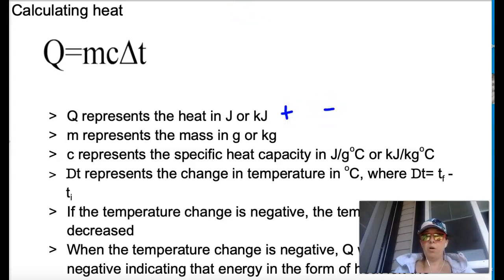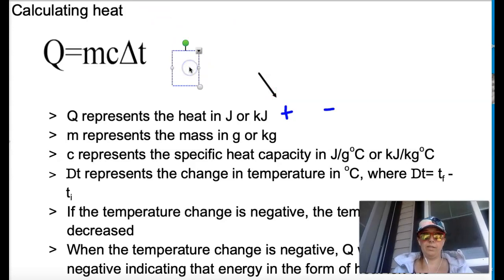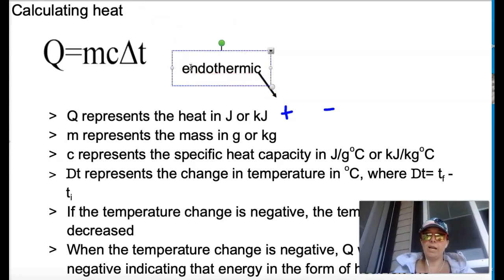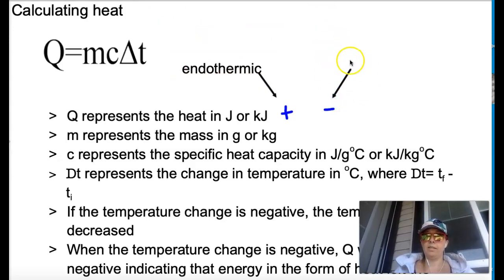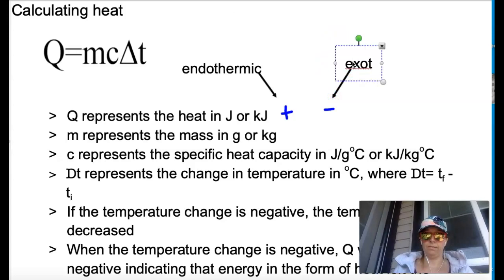Whether it's positive or negative is telling us whether a reaction is endothermic or exothermic. Okay, so if we get a positive, that is telling us that this is an endothermic reaction, whereas if we get a negative, that's telling us that this is an exothermic.